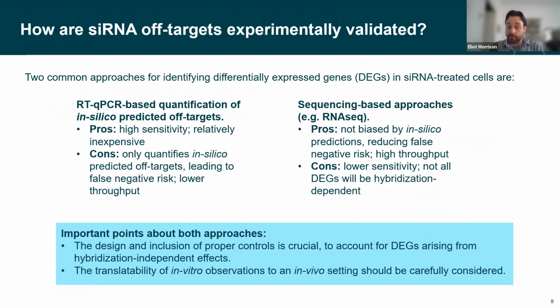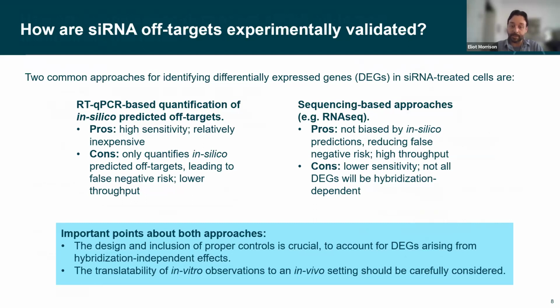So the first important point here, and for people who've been in OTS for a while, of course, this is a theme, but you really need to make sure that you're designing and including the proper controls in these type of experiments, especially controls that can account for hybridization-independent effects.